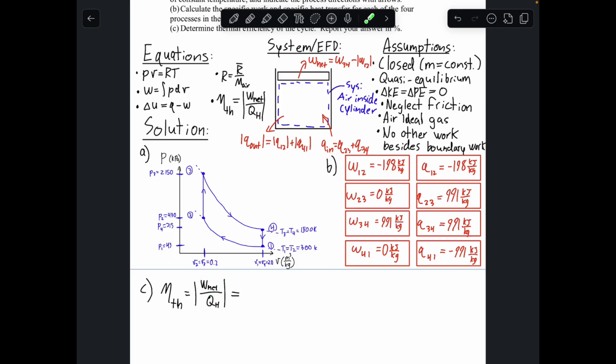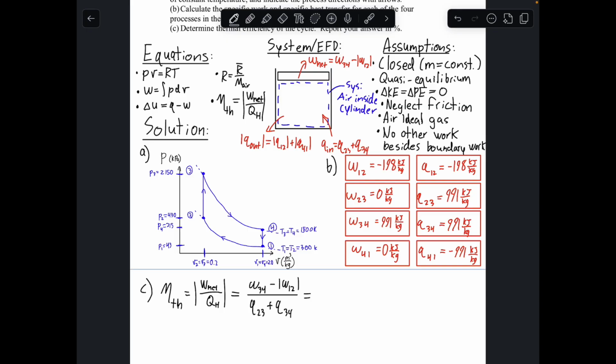And then our QH should just be our Q in, because that's the amount of heat transfer that we need to put in in order to generate some work out. So then our work net is going to be work from 3 to 4 minus that magnitude of work from 1 to 2. And then all of this is divided by the total heat that we put in, which is Q from 2 to 3 plus Q from 3 to 4.